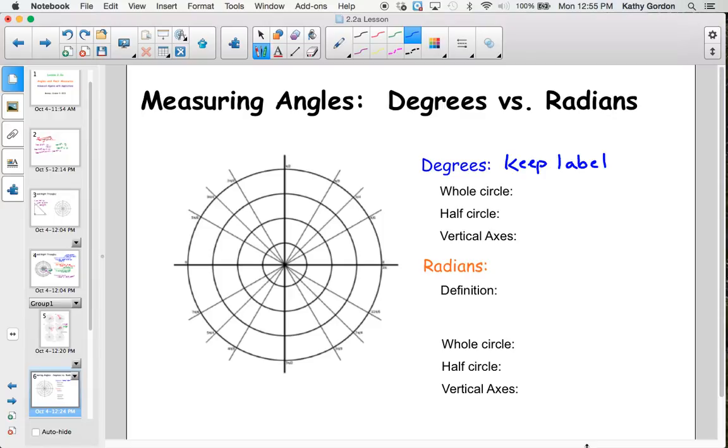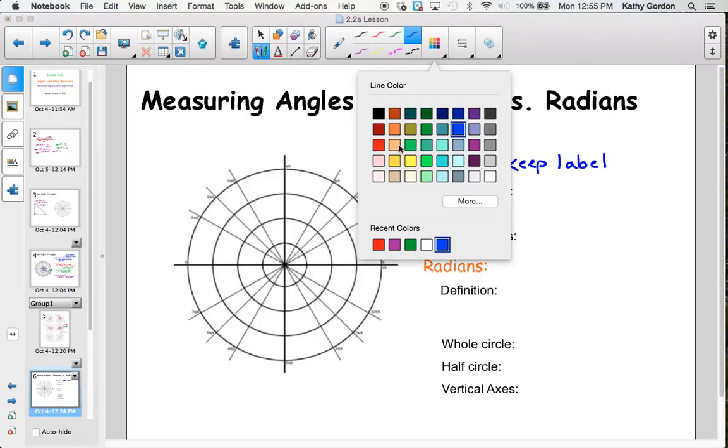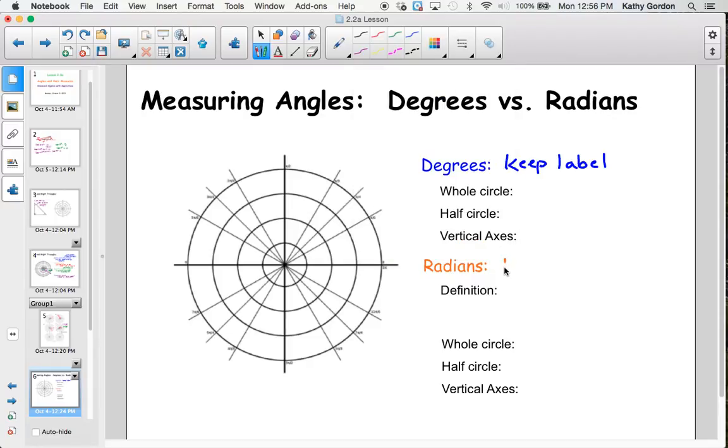It gets really messy trying to deal with that degree label. One of the really nice things about radians is that I don't end up with a label. And we'll see why here in just a second when we talk about the definition of what a radian is.